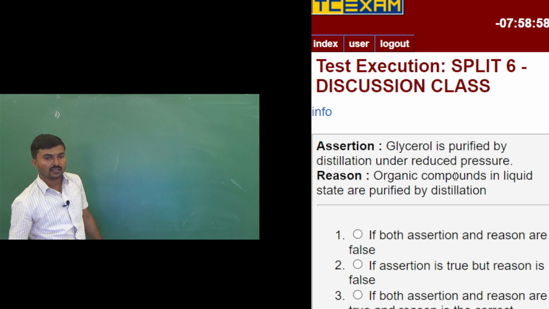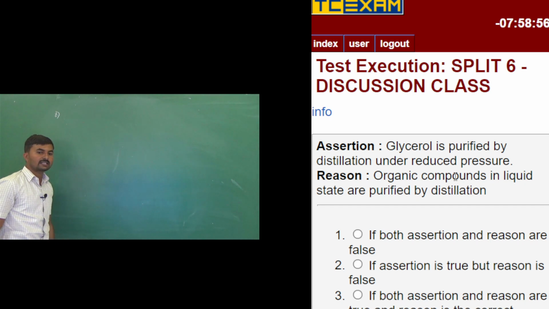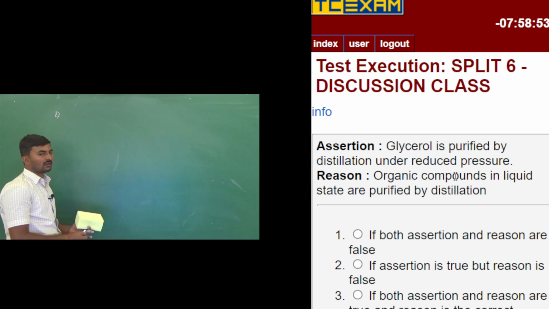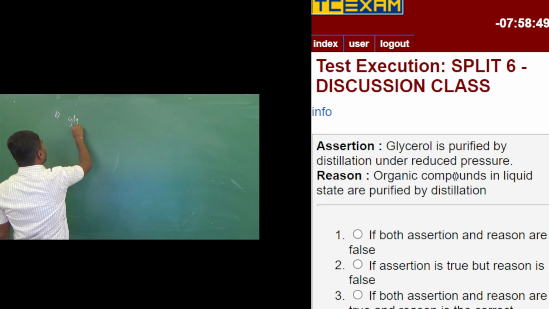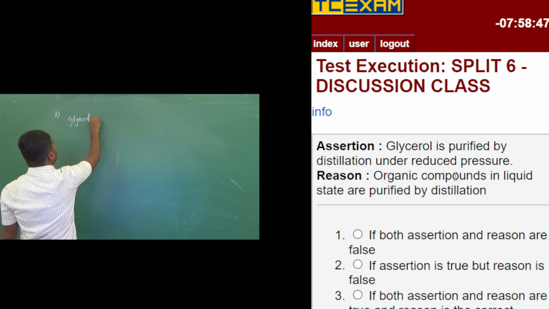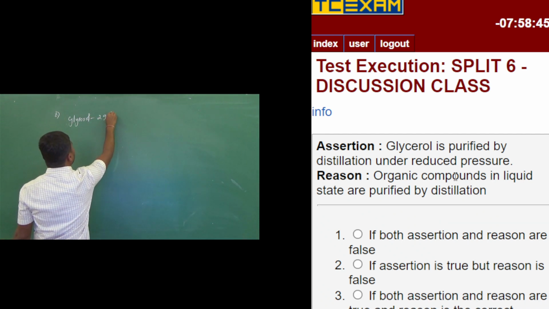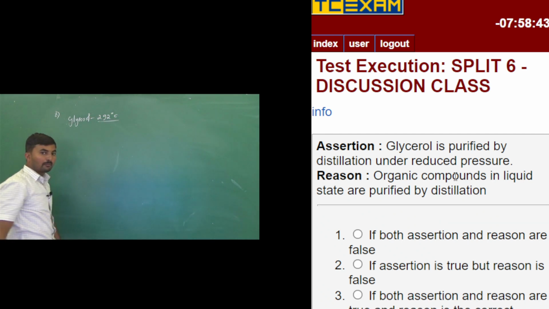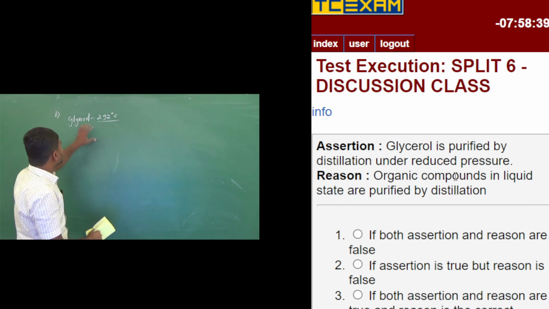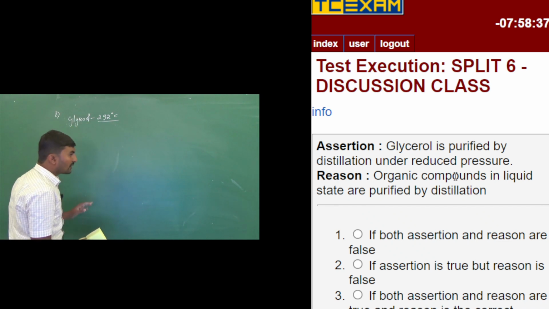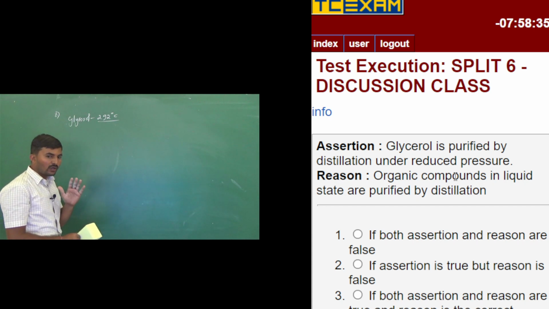So the first one, glycerol is purified by distillation under reduced pressure. Glycerol is a liquid having a boiling point of 292 degrees Celsius, but it undergoes decomposition below its boiling point.